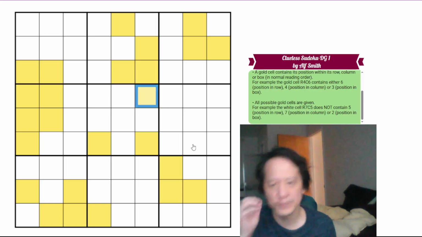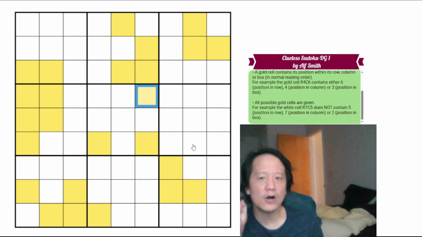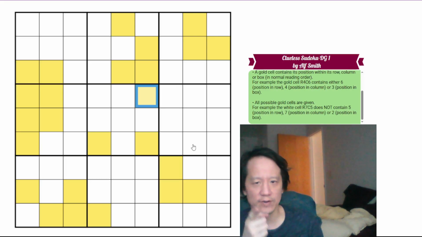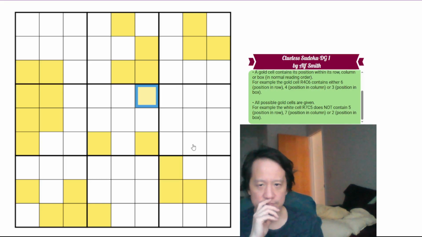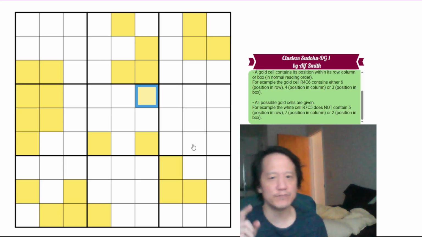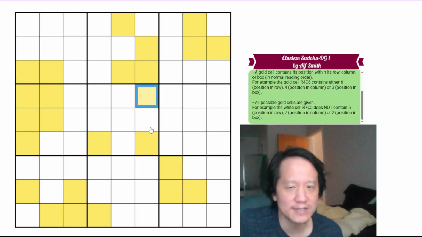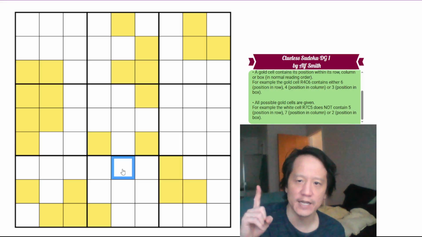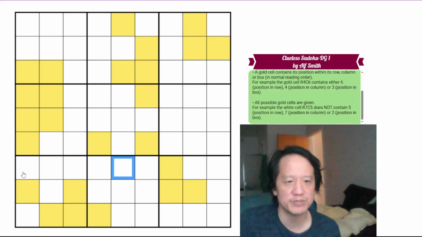All possible gold cells are given, which means this is a negative constraint here. For example, the white cell, row 7, column 5, does not contain a 5, which is its position in the row, right? 1, 2, 3, 4, 5.